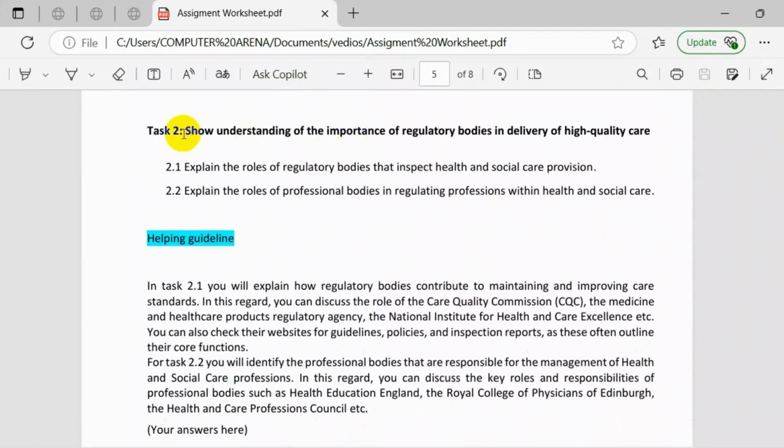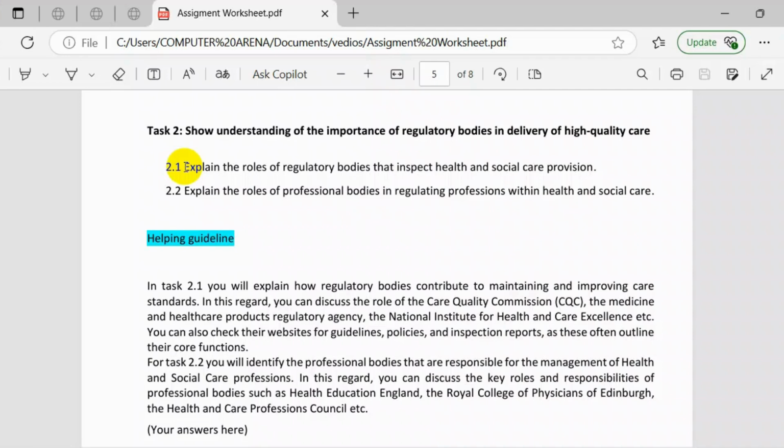Again, this is the learning outcome 2 for the unit, and under this you have to explain the roles of the regulatory bodies as well as the roles of the professional bodies within health and social care. First of all, you have to identify what regulatory bodies and professional bodies are working within the field of health and social care.